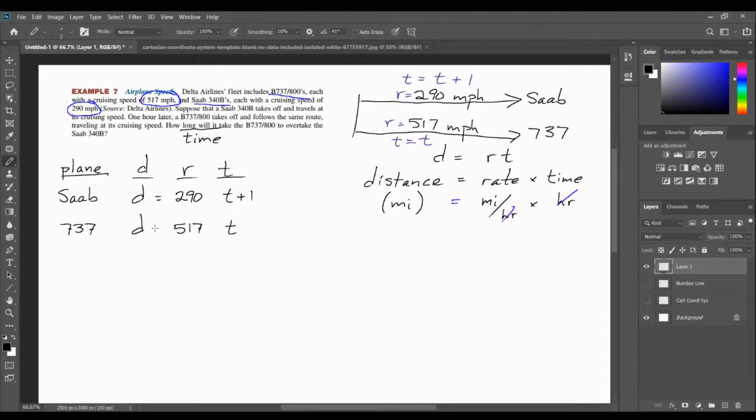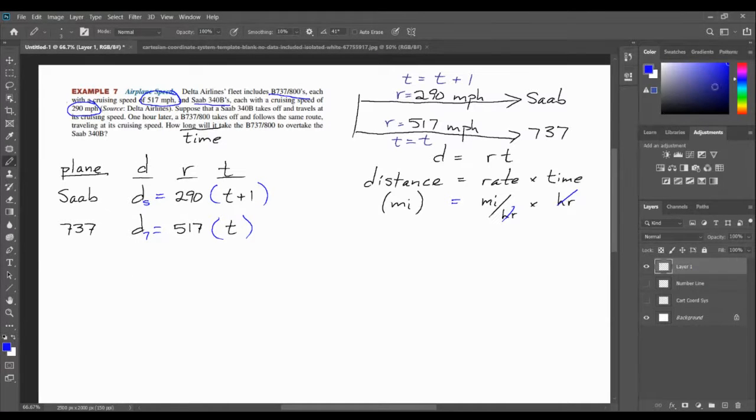Now d equals rt. Oh, I should change that color so it's different from our table data. So d equals r times t. And now we've got two equations. Well, this d equals d of the Saab equals d of the 737.